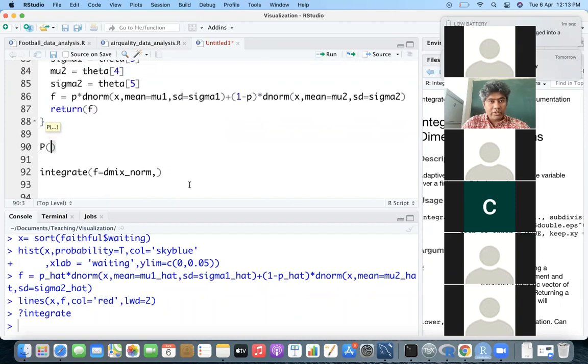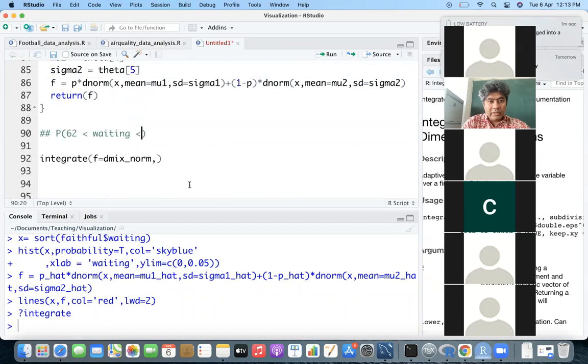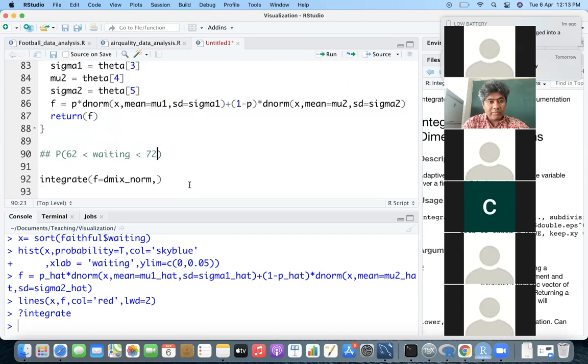What I'm looking for is the probability that 62 is less than waiting time, less than 72. How do I do that?